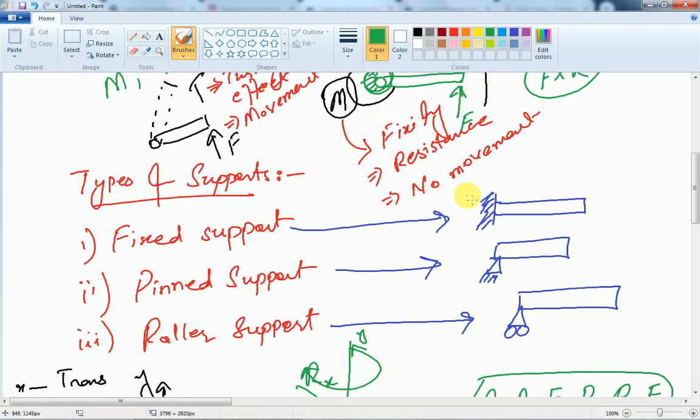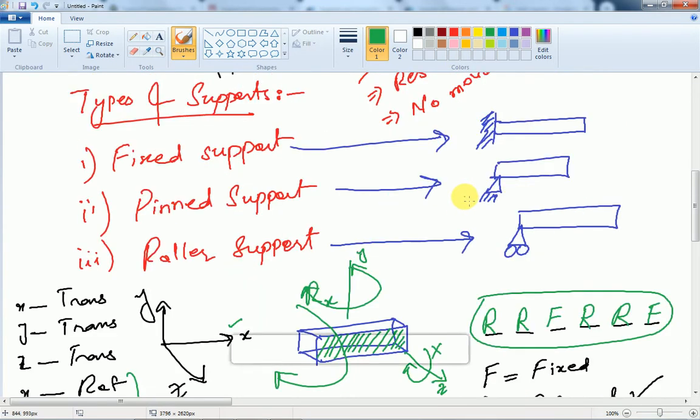For example, for the first kind of support, fixed support, we write 6 lines: 1, 2, 3, 4, 5, 6.